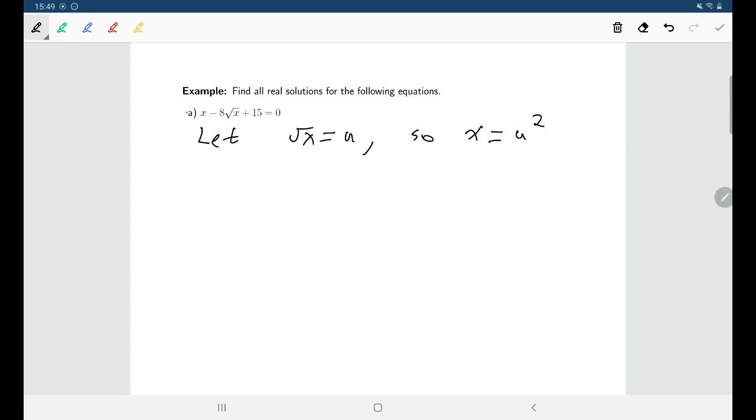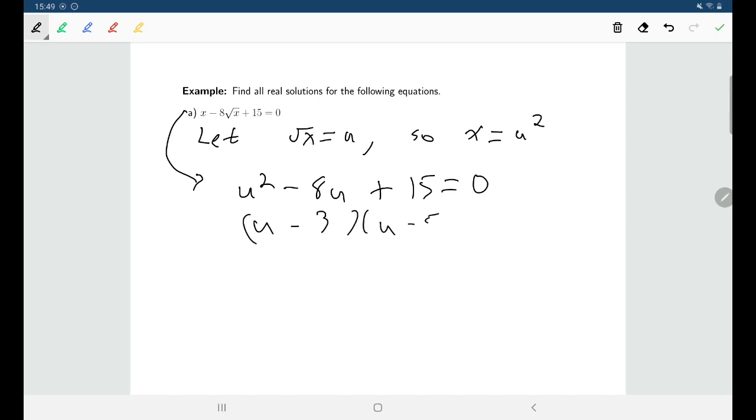So now our equation could be rewritten as u squared minus 8u plus 15 equals 0. And now we just need to solve for what u is. This factors fairly nicely. We have u minus 3 equals 0 or u minus 5 equals 0. So either u is 3 or u is 5.